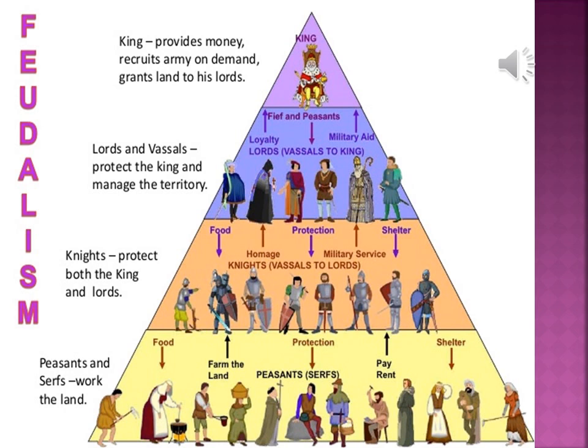Kind means in land. Below the lords and vassals are the knights or the soldiers who protect both the king and the lords. And below them are the majority of the population, who are the peasants and the serfs who work on the land which is provided to them by the vassals and the knights. So the people who are oppressed the most in this system are the peasants or serfs.